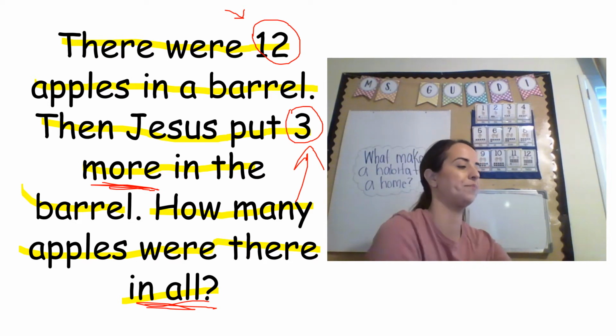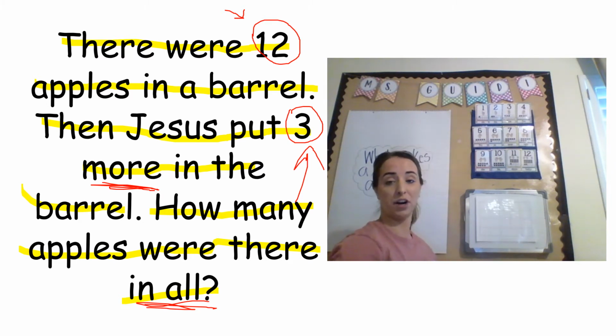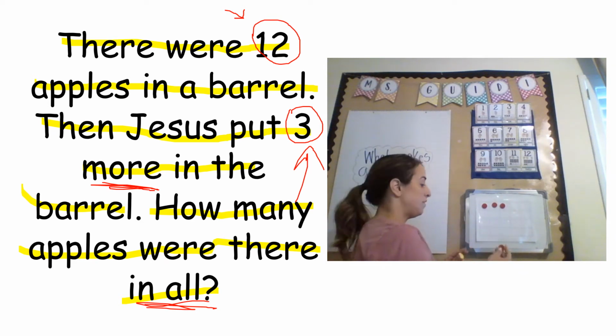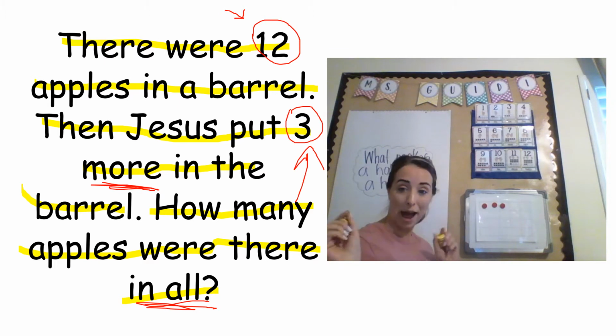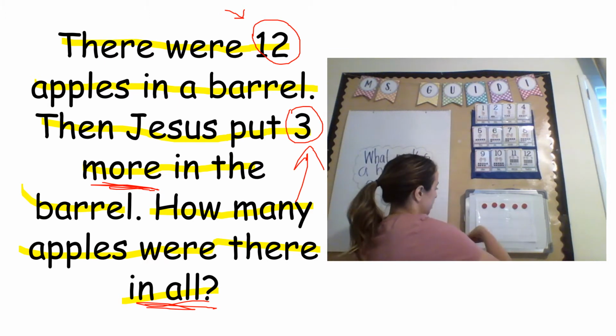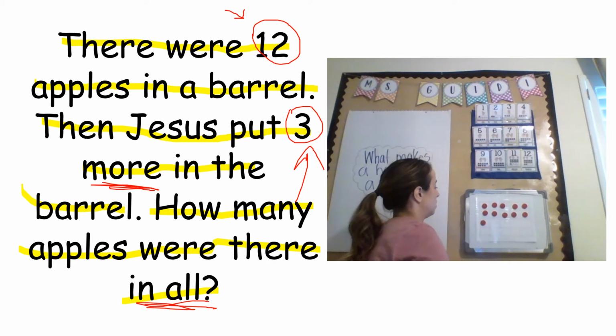All right. So I'm going to put on how many first? 12. 1, 2, 3. You should be following along with your 20 frame and your counters. I put those in those bags for a reason. 4, 5, 6, 7, 8, 9, 10, 11, 12.